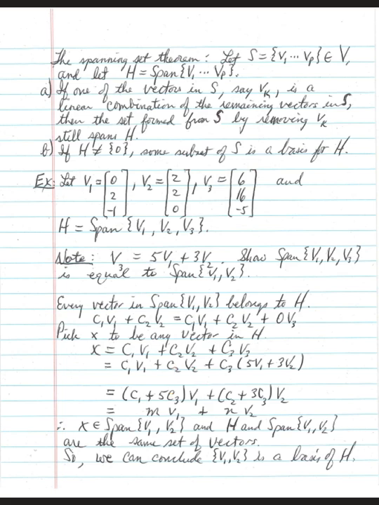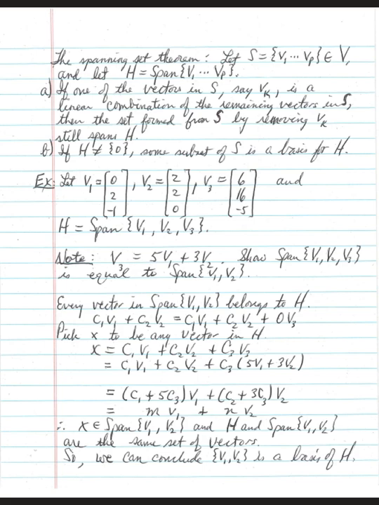V2 has C2 and 3C3 attached. So you can rewrite those three terms as a linear combination of just the first two, V1, V2. Since these inside the parentheses are constants, I just call them M and N. Anyway, you pick a vector with all three components, and using the fact that V3 is a linear combination of the first two, your vector is in the span of just the first two vectors.